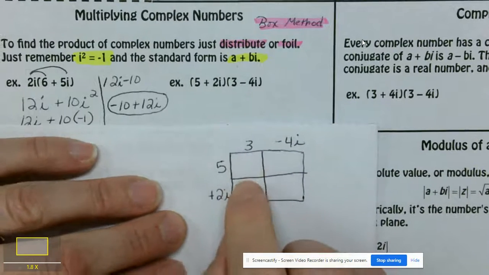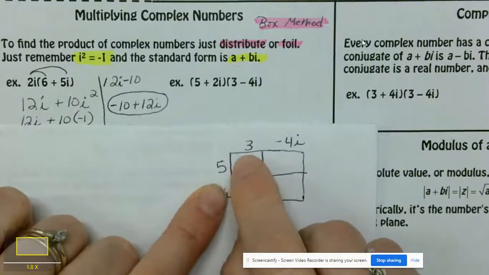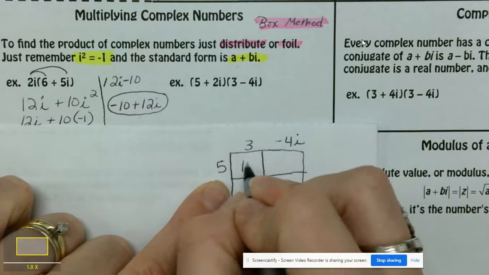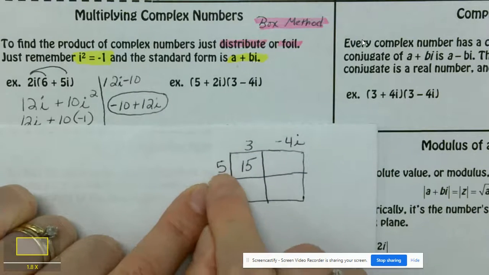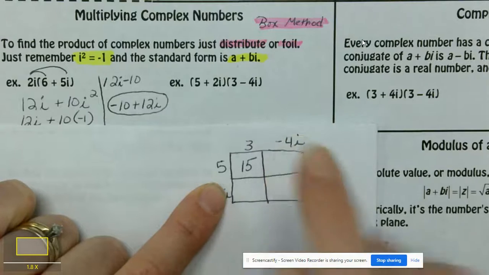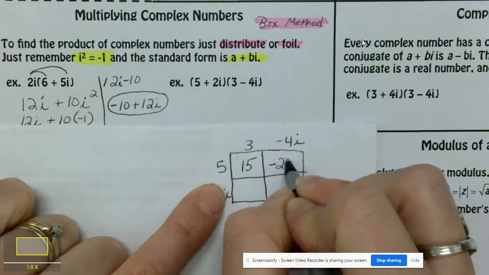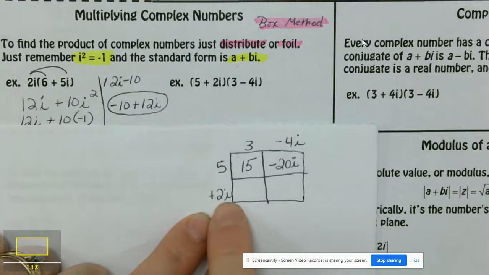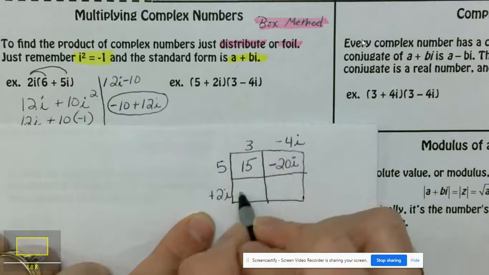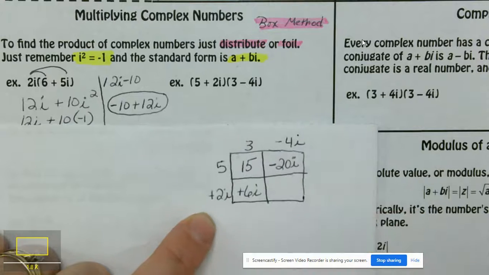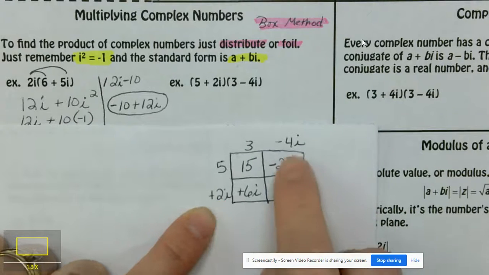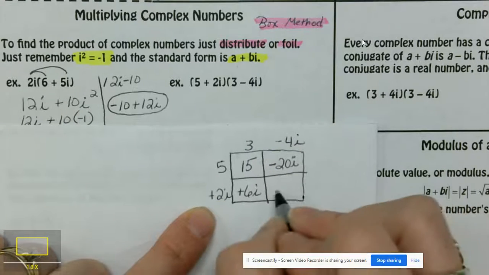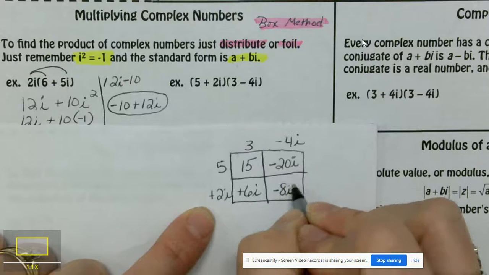Okay, now what we're going to do is we're going to multiply. 5 times 3, which is 15. 5 times -4i is a -20i. Okay, then we go down to this one. 2i times 3 is a positive 6i, and 2i times a -4i is a -8i squared.